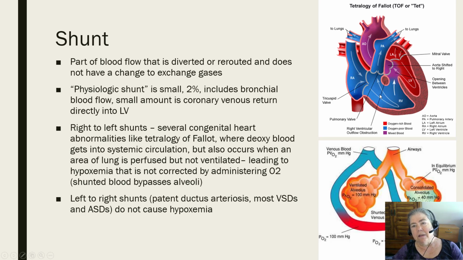In tetralogy of Fallot, there is, among other things, a VSD, in which blood from the right ventricle that is coming in through the venous system enters the left ventricle and is mixed with oxygenated blood, so that you get only partially oxygenated blood going out through the aorta. There are other abnormalities in tetralogy of Fallot. There are four specific abnormalities.